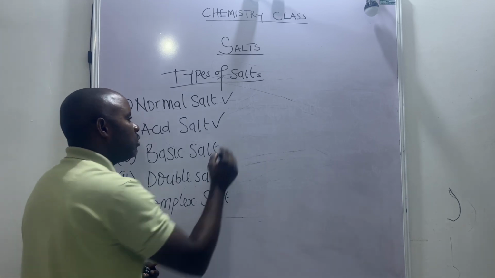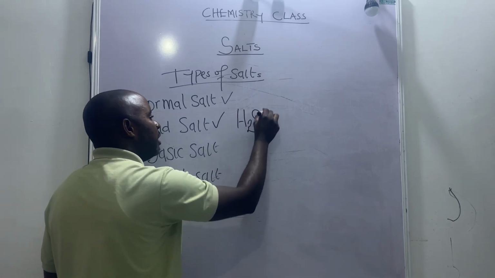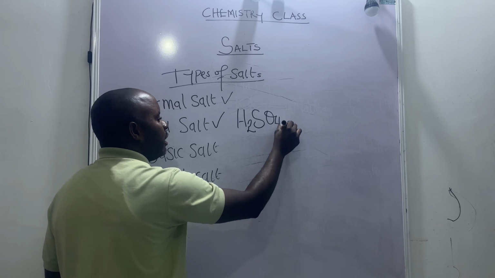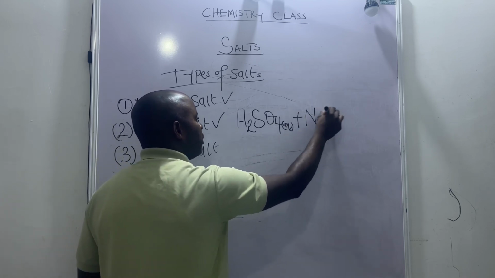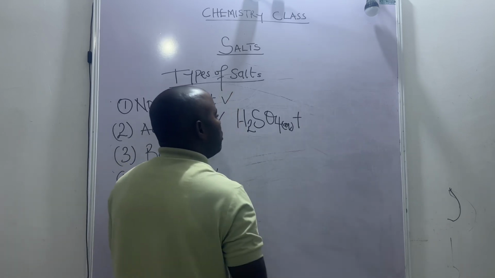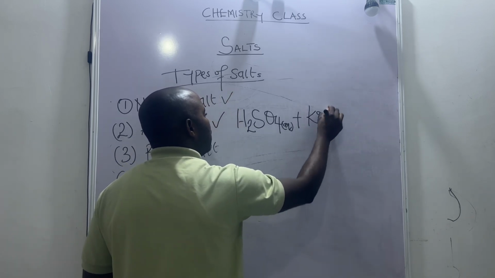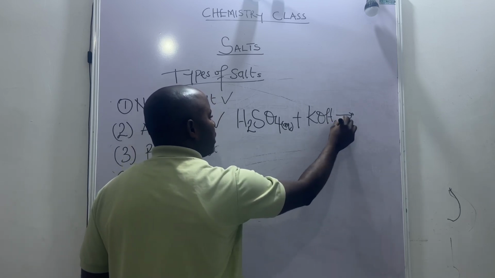Let's use a very good example, a dibasic acid, reacting with a common alkali like potassium hydroxide.